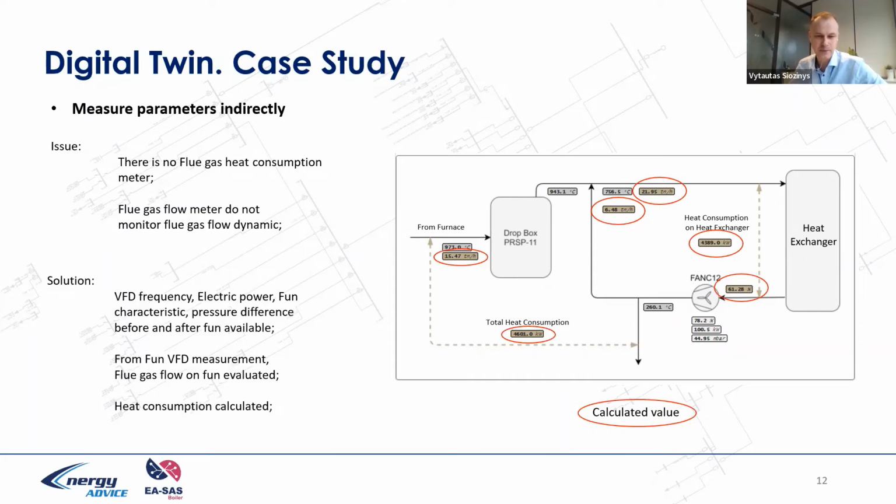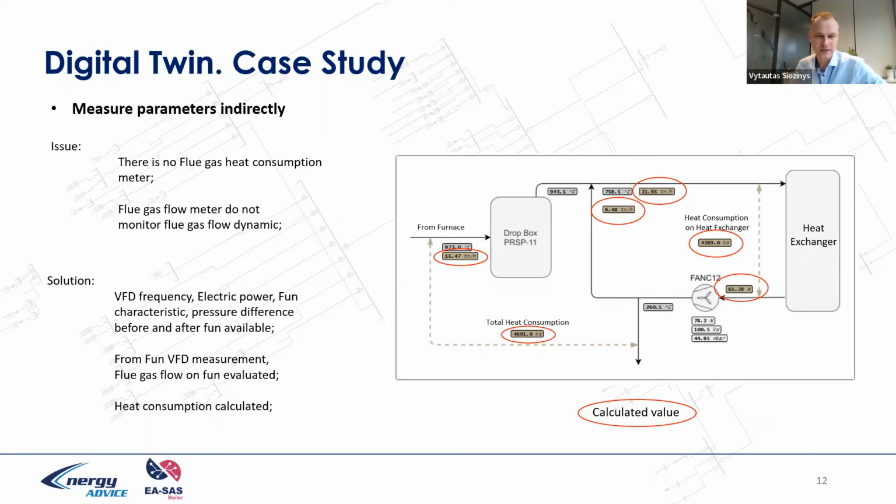But we have a variable frequency drive, a fan, electric power metering, the fan characteristic, and the pressure difference before and after the fan. From the frequency drive measurements, flue gas flow was evaluated.